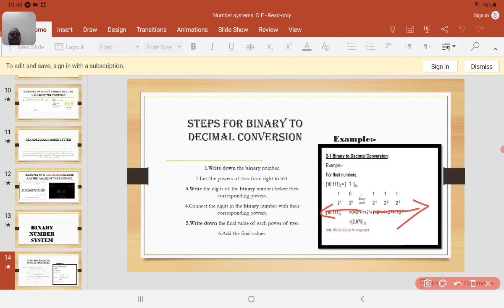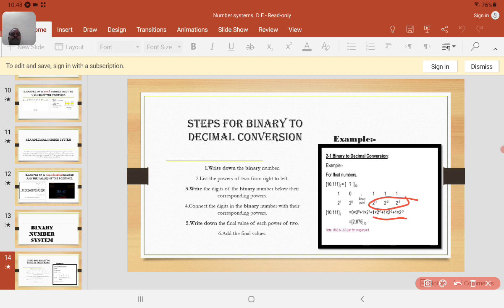We simply multiply the given binary digits with these powers: 0 into 2 power 0 plus 1 into 2 power 1, plus, after the point, 1 into 2 power -1 plus 1 into 2 power -2 plus 1 into 2 power -3.